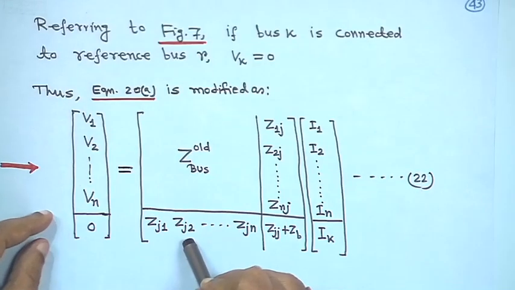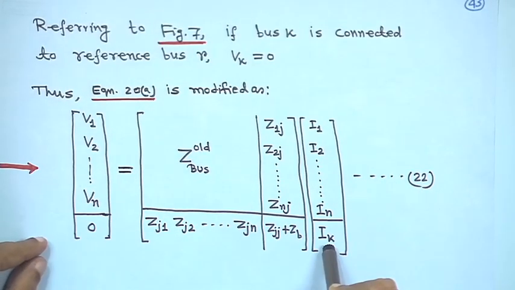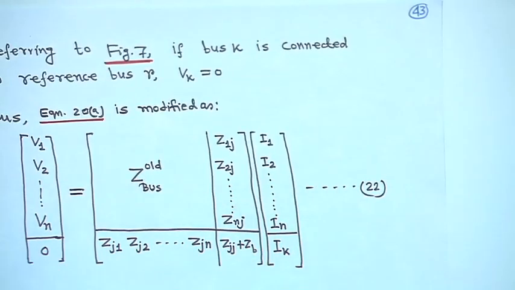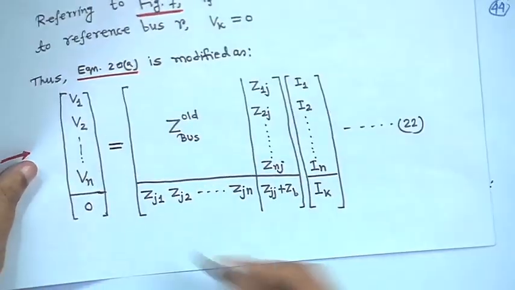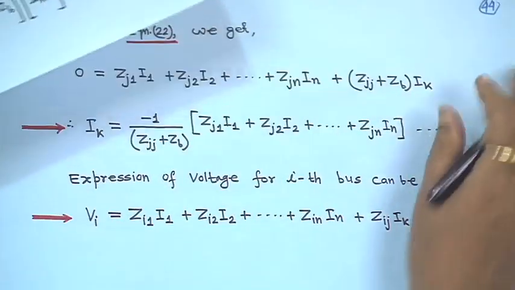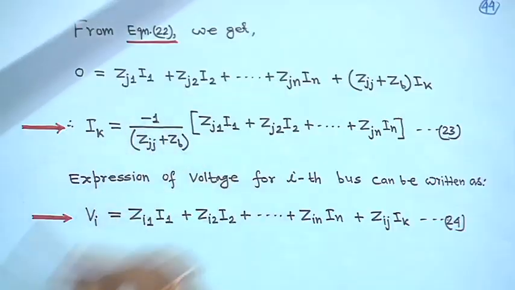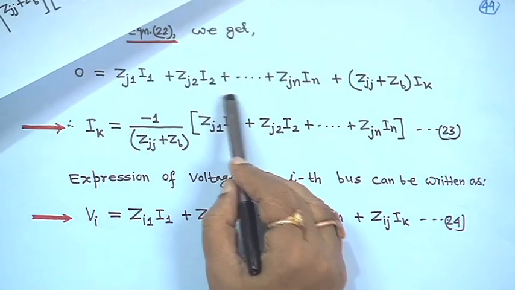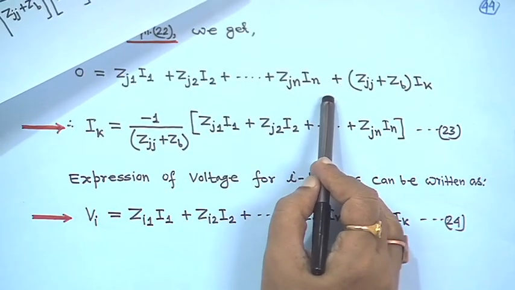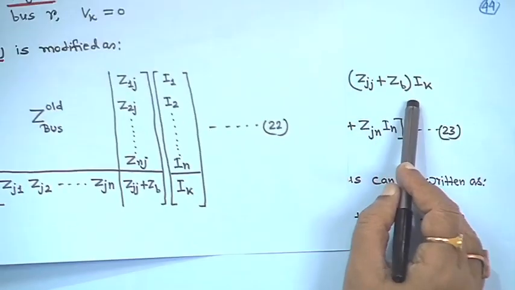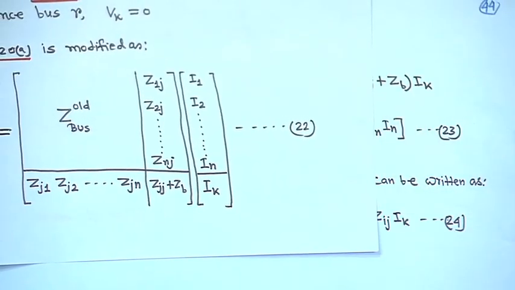From this equation, you first have to find the expression of Ik. This last row can be written as, as Vk is 0, Zj1 I1 plus Zj2 I2 up to Zjn In plus Zjj plus Zb into Ik, right.